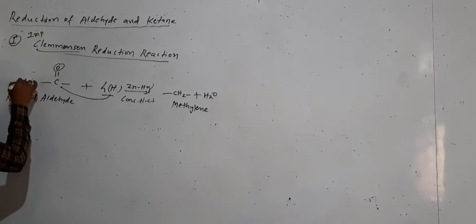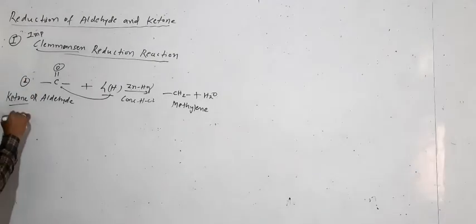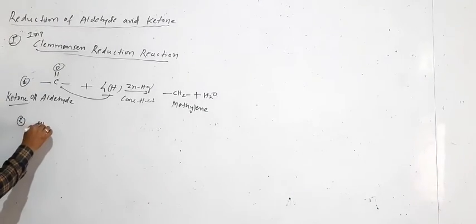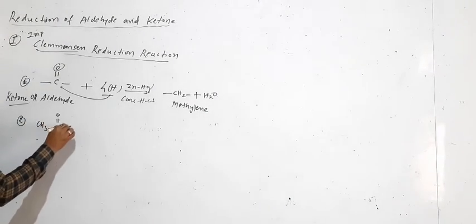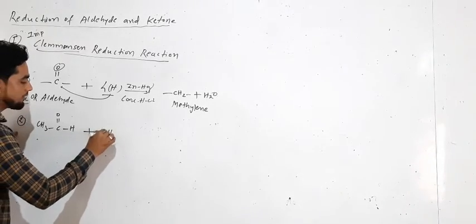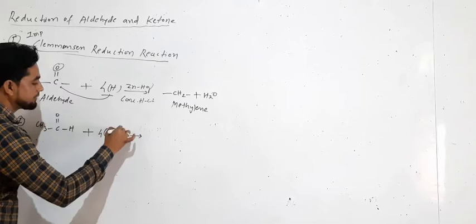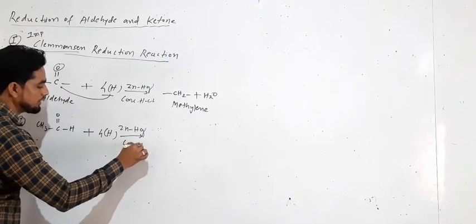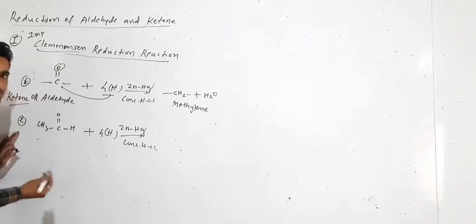In example number second we take the acetaldehyde. So when CH3COH, called acetaldehyde, reacts with 4 hydrogen in the presence of zinc amalgam, called ZnHg, and concentrated HCl, what do we get?